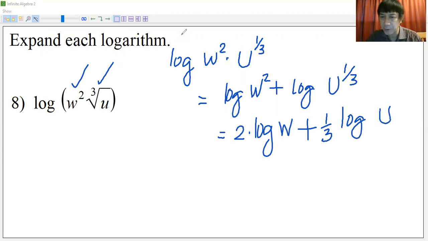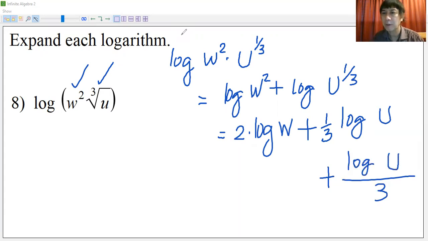Now 1/3, you can rewrite this like logarithm of u over 3, like that. And so this first term here is just 2 times logarithm of w there. And this is our answer.